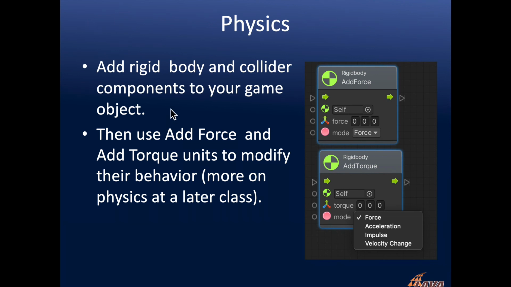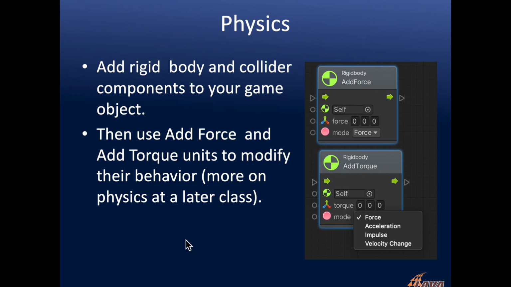As I mentioned before, to get the physics going, any game object that wants to participate in being impacted by physics in the game engine has to have a rigid body component and a collider component.